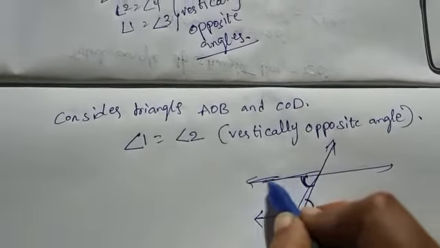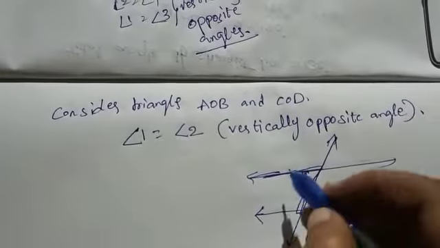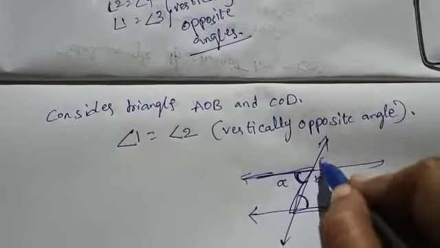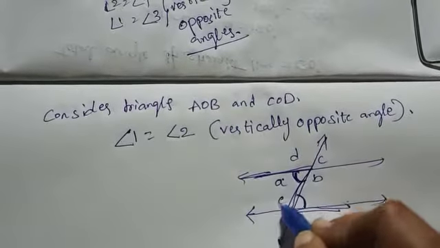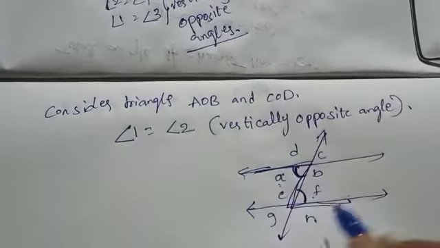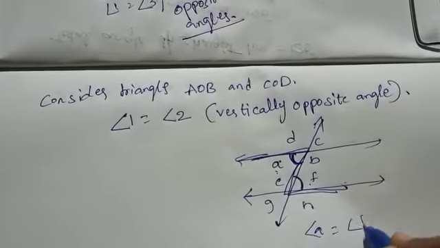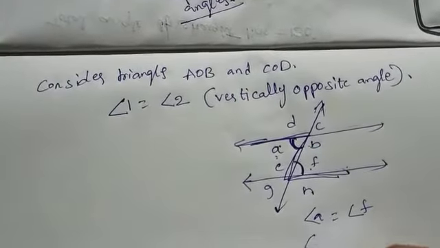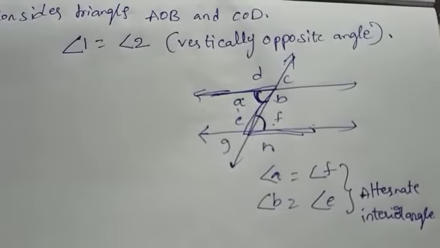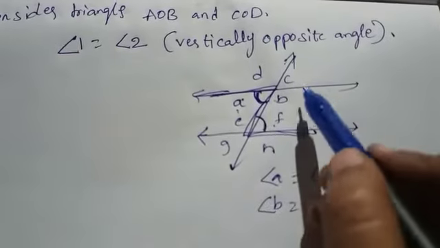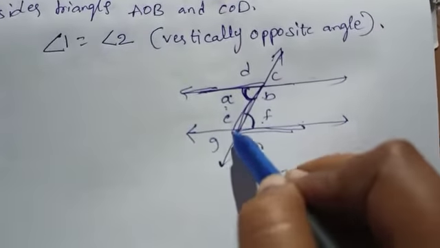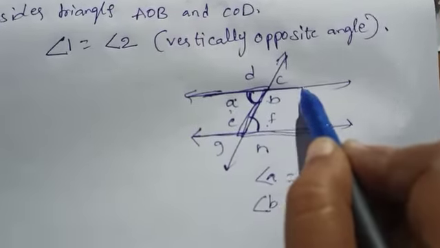Suppose this is A, B, C, D, E, F, G, H. Here angle A equal to angle F. In the same way, angle B equal to angle E. Alternate interior angles. See, this is like a Z sign.